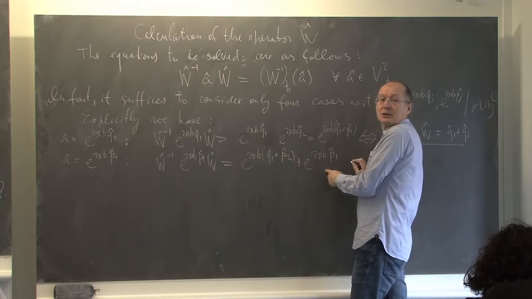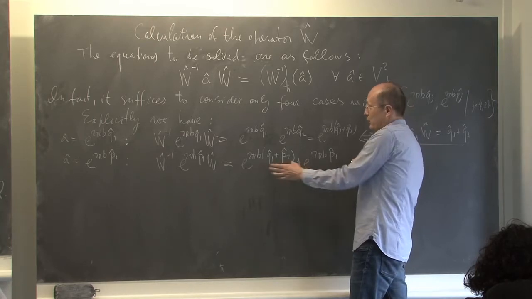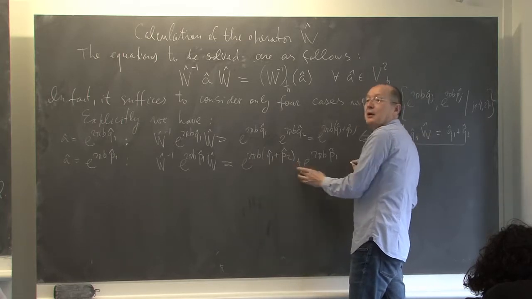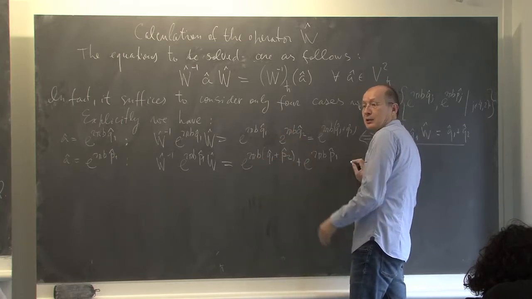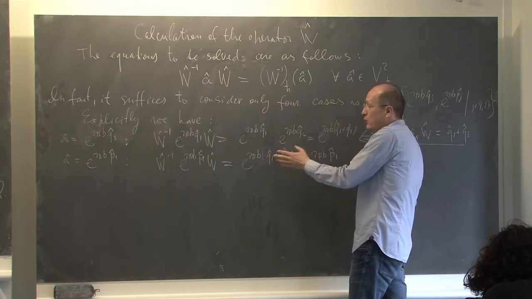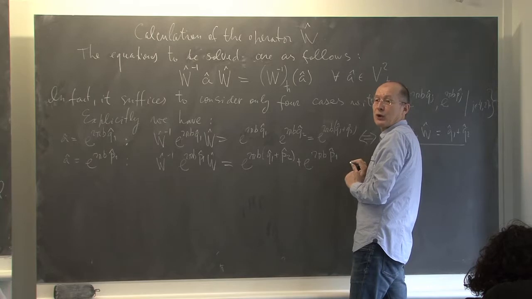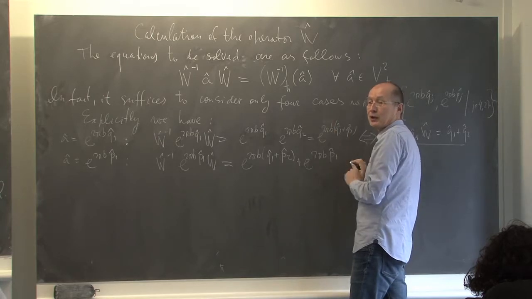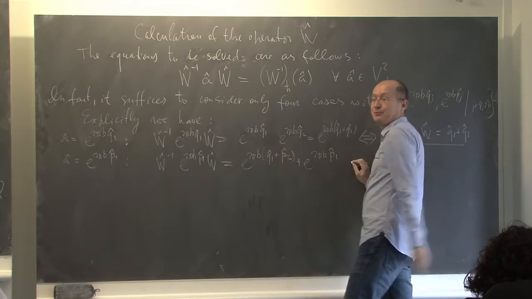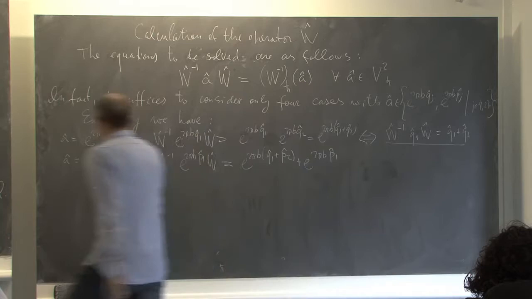But it doesn't make much sense, because first of all, these two operators do not commute between themselves. So we can make sense of it only in the spectral sense, but so far we don't want to go right away to the spectral picture. So we keep this equation as it is. And now let's go on.